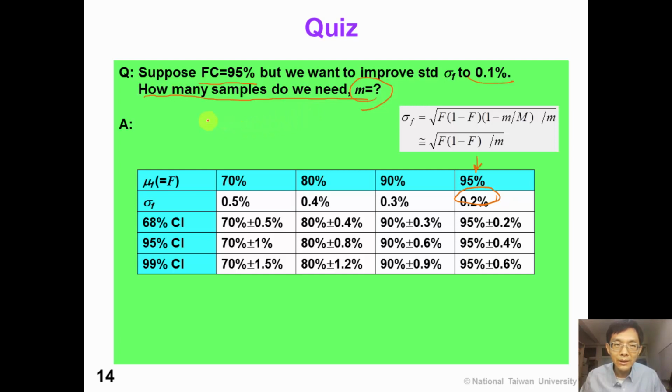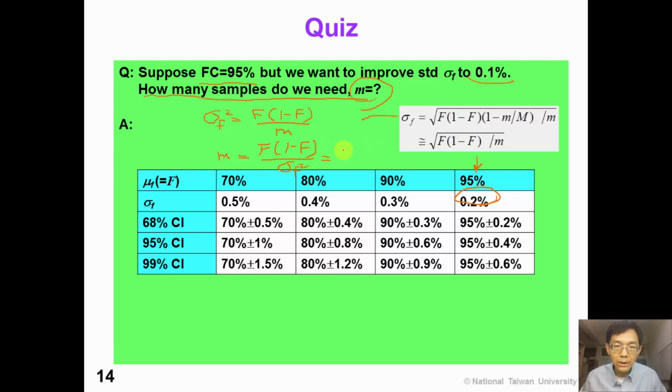Okay, are you done yet? From this equation, we can know that sigma F squared is equal to F times 1 minus F divided by M. So we can know that M is equal to F times 1 minus F divided by sigma squared.